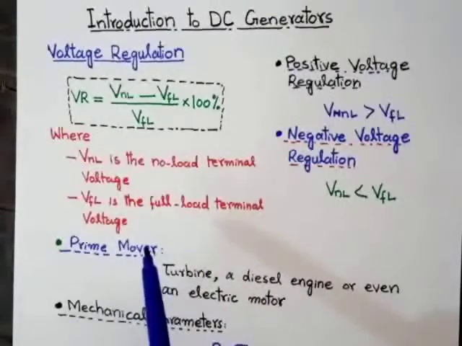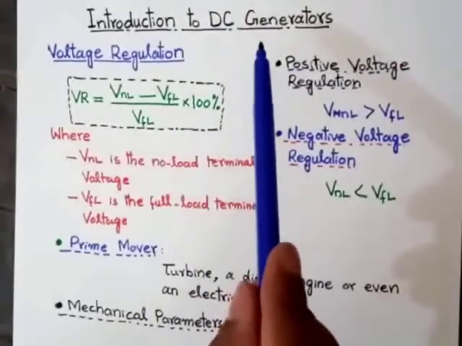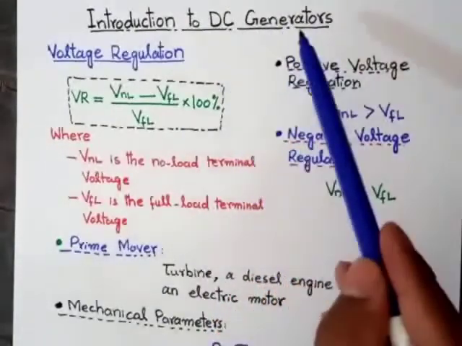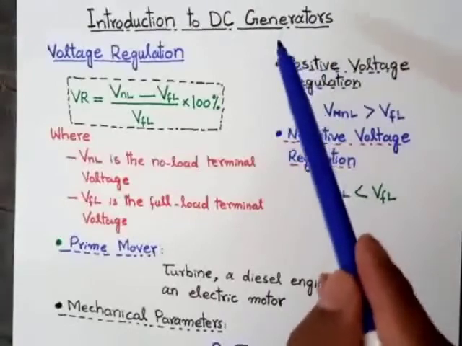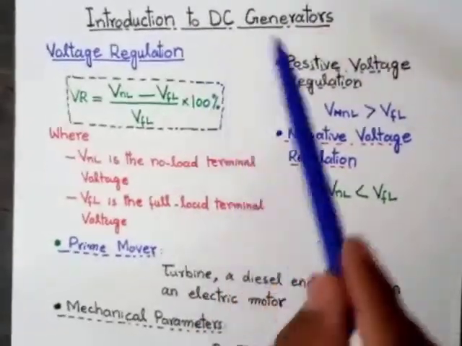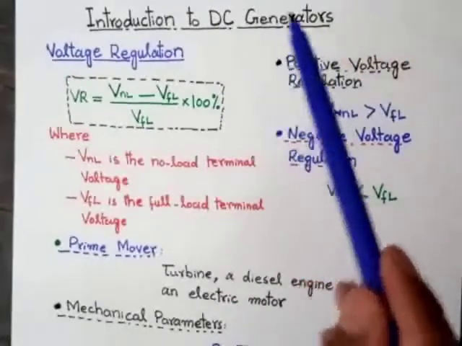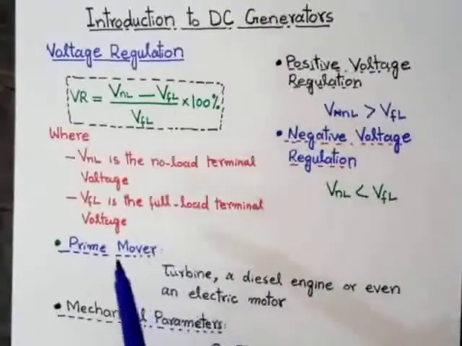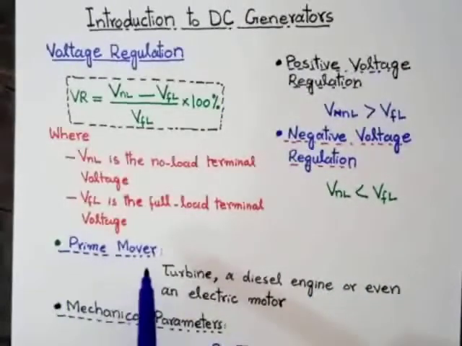As we know, a DC generator basically transforms mechanical power into electrical power. It means the input of the DC generator is the mechanical power and the output of the DC generator is the electrical power. The mechanical power is usually called the prime mover of the DC generator.